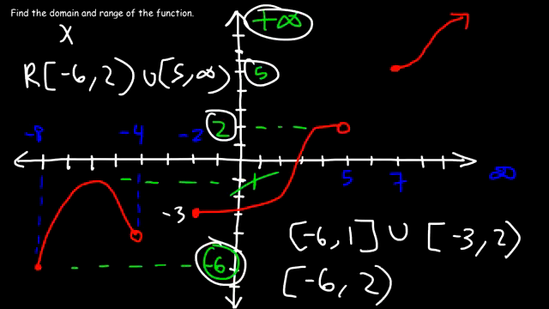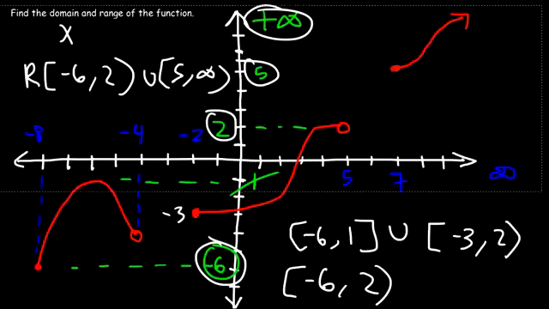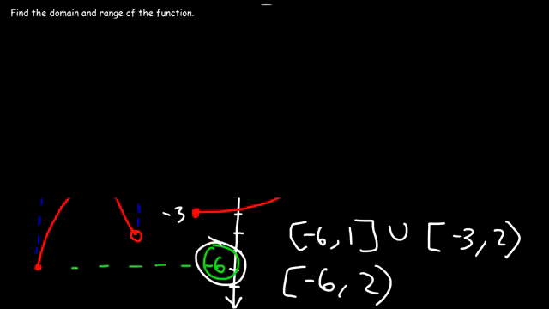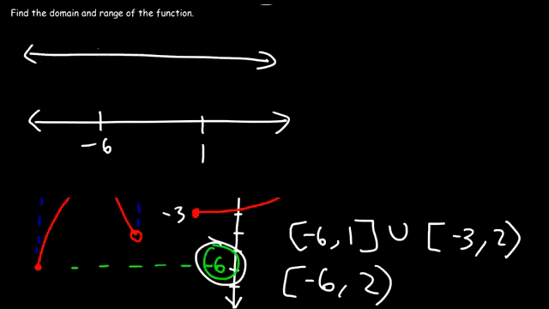Let's say we drew a number line. Here's -6, here's 1. And then for the second one, this is going to be -3 and this is going to be 2. So here's the first one, -6 to 1, and here's the second one, -3 to 2.